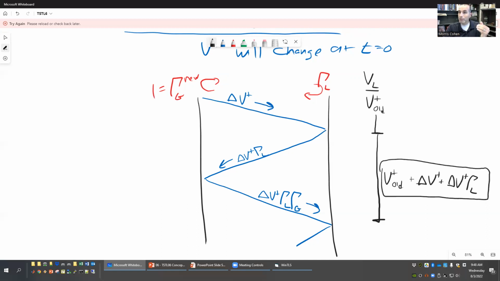And we can continue this process onwards. And what's amazing is that if you carry this out to t equals infinity, it's going to get us to the precise steady state condition that we expect.